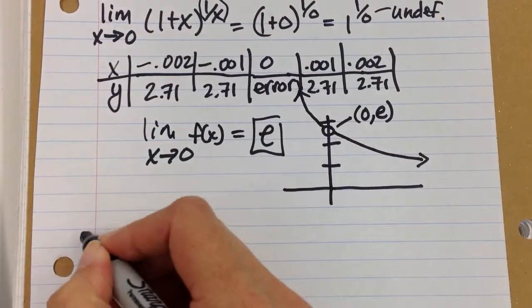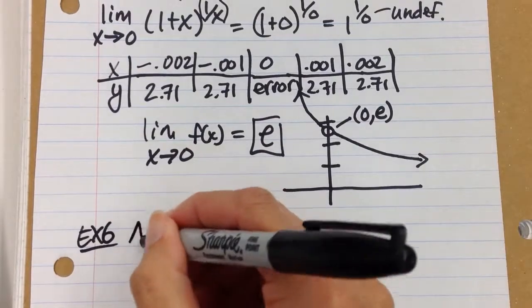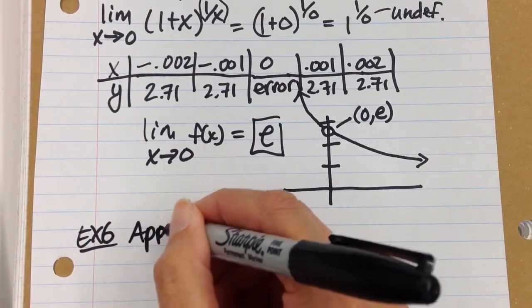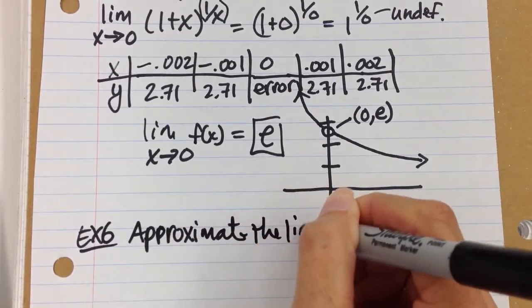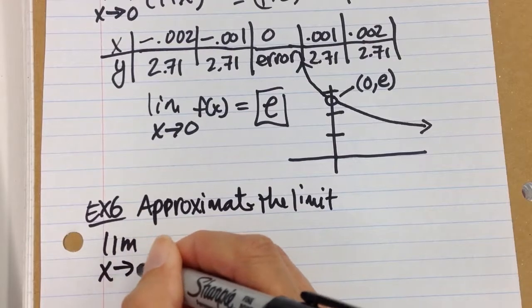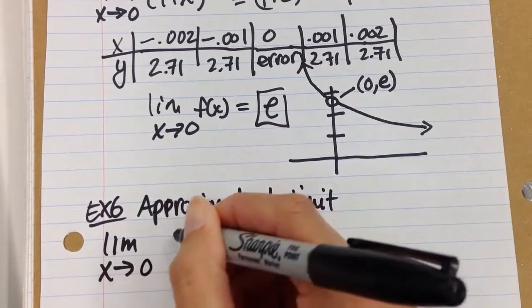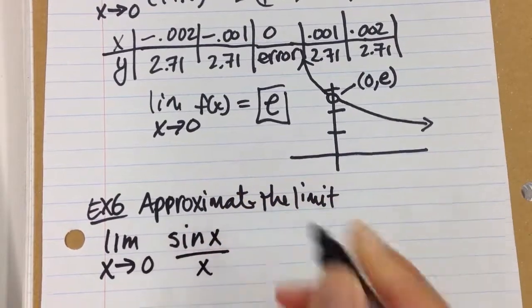I think similar instance with example 6 here. We have to approximate the limit as x approaches 0 of the sine of x over x.